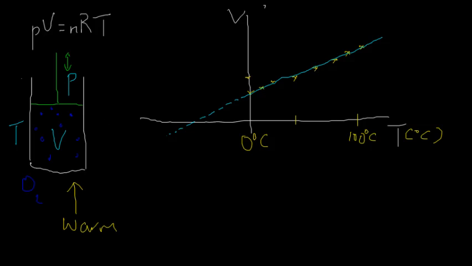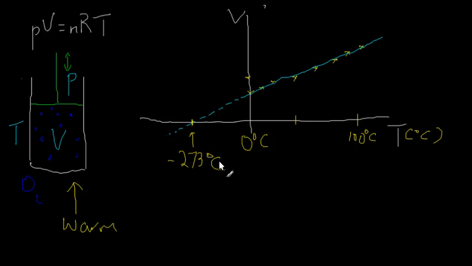Something curious was found. It was found at this point where the straight line crosses the temperature, this horizontal axis. This point was found to be at minus 273 degrees Celsius.